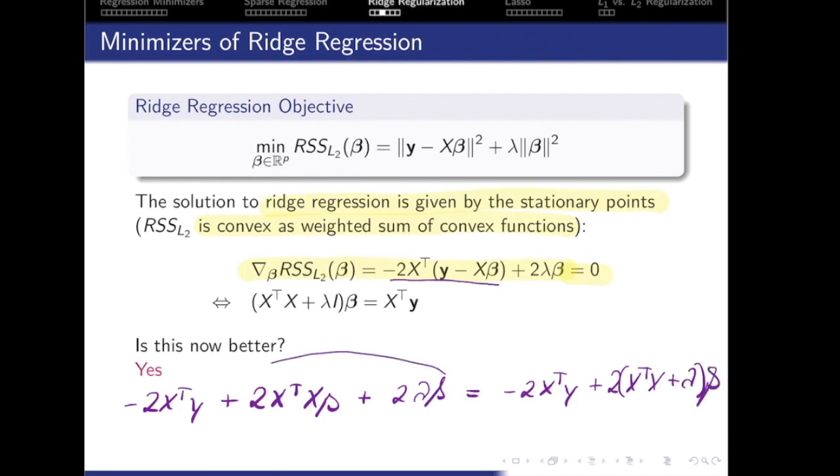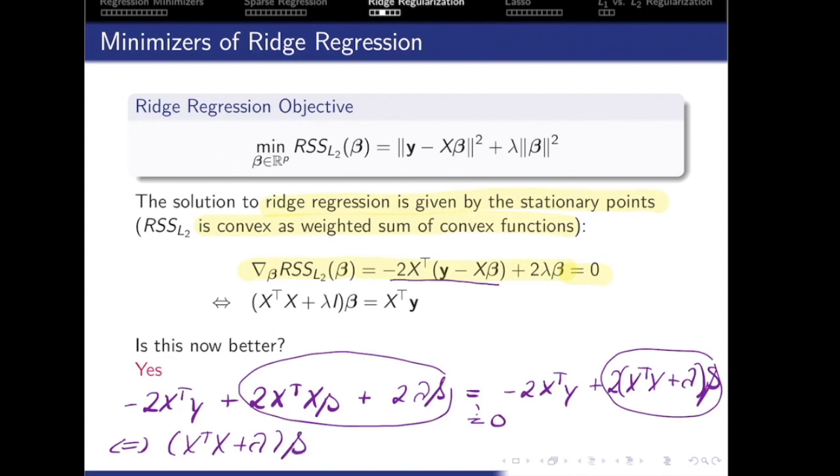Here we applied the distributivity, and then if we set this equal to 0, we can add 2 X transpose y and divide by 2, and what is standing there is then X transpose X plus lambda times beta is equal to X transpose times y. And this is exactly what is standing here.